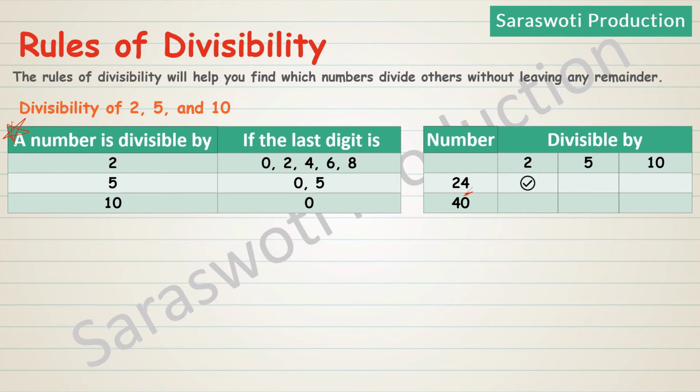By 5, no, because I can't see a 5 or a 0, so it is no. For 10, also no. For the number 40, I can say the last digit is 0, and 0 is present in all of those options. Yes? So it is yes. Tick, tick, tick. It simply means that the number 40 is divisible by 2, 5 and 10, all. And the number 24 is divisible only by 2 and not by 5 and 10. Simple, yes?